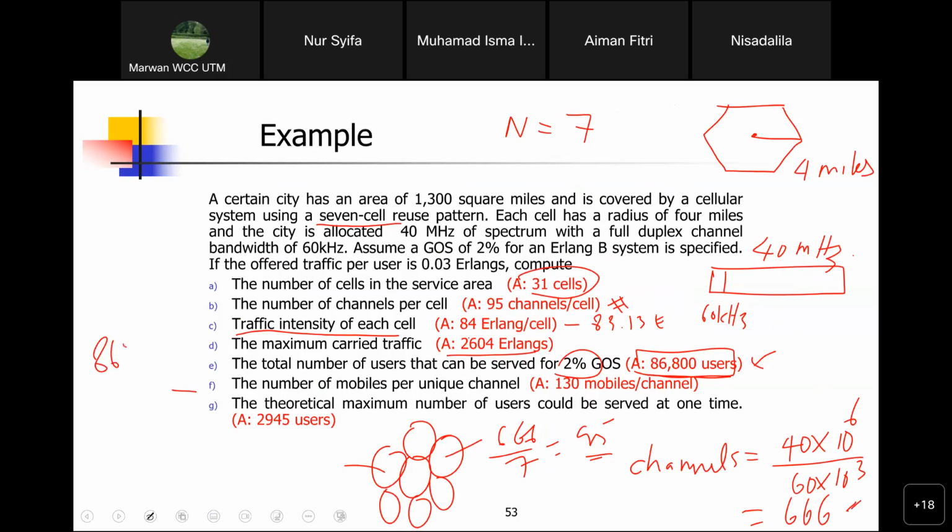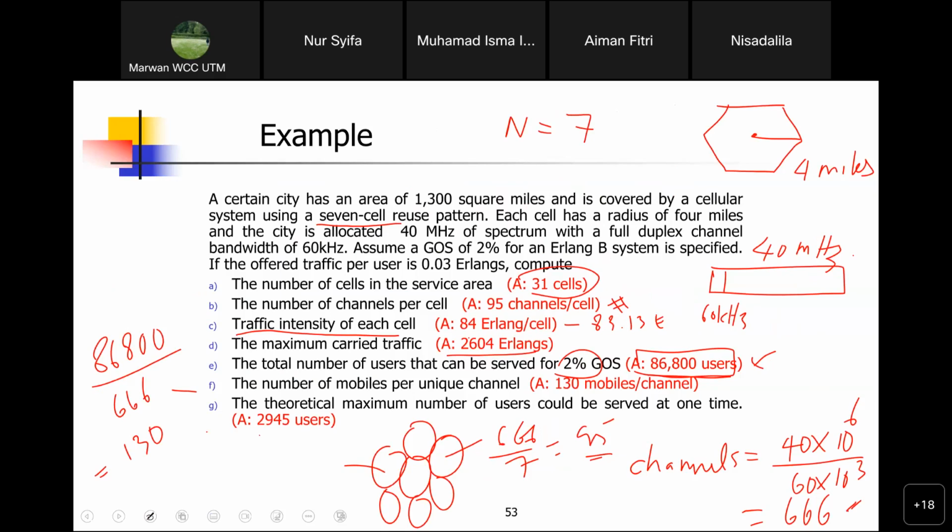The entire number of people that you can serve is 86,000, with how many channels? You only have 666 channels. So on average, one channel serves 130 users. So 130 users can be served by one channel.